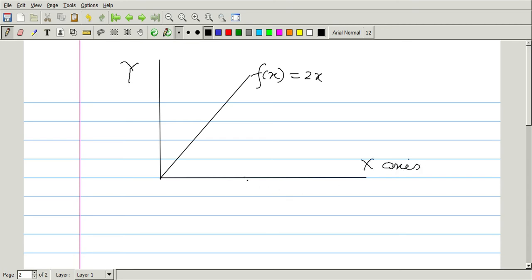This is the point 2. If I drop a perpendicular, the corresponding value at x is equal to 2 will be 4.